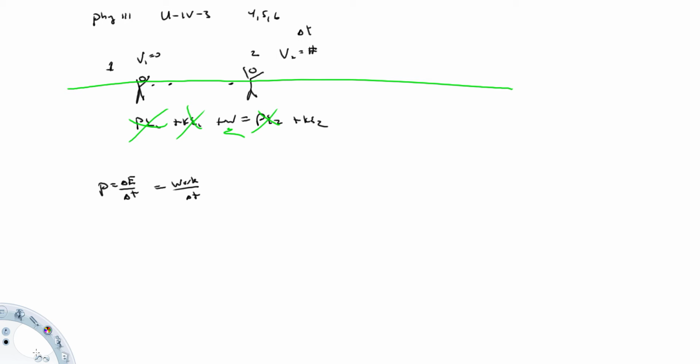Part C, if the sprinter converts mechanical energy with an efficiency of 25%, at what rate is he burning calories? Power-wise, there are two things to consider. You've got the output power, which is the rate that the kinetic energy is changing, and that's what you calculated above. But then there's an internal power, the rate at which the person is burning energy.